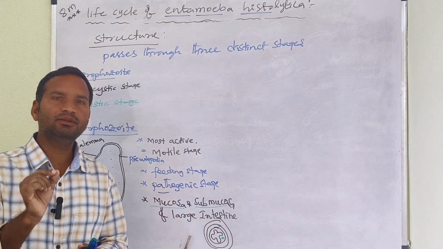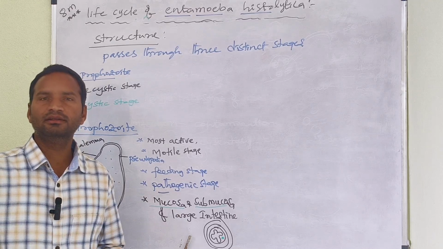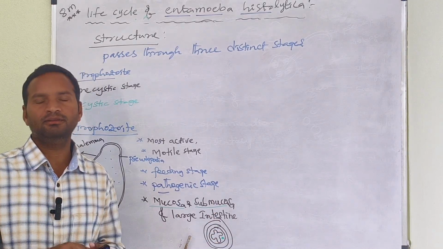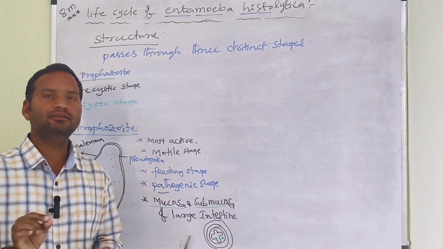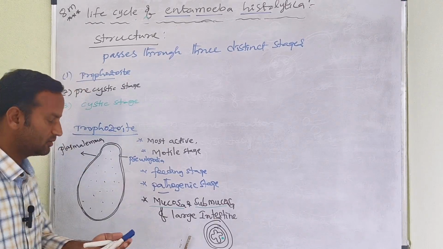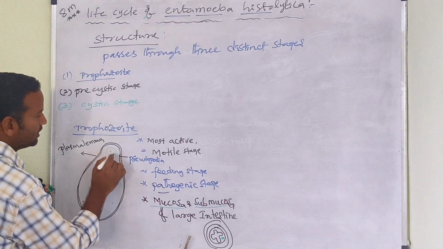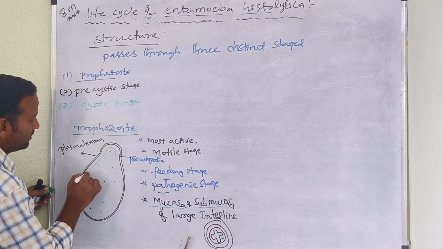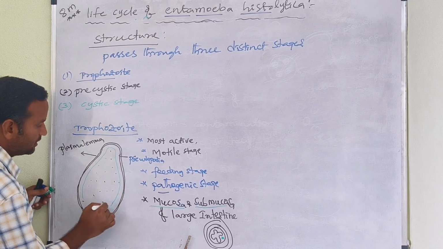Usually the outer cytoplasm is non-granular. There are no granules, that's why it is also called ectoplasm. And the inner cytoplasm is granular, that's why it is called endoplasm. So the cytoplasm is divisible into two regions.